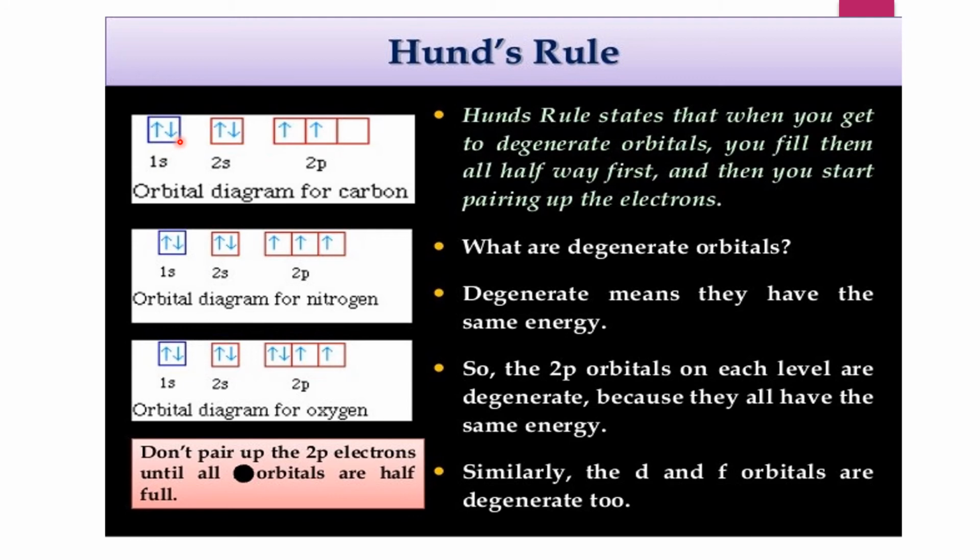So those 2 electrons enter the 1s orbital. Then electrons move into the second orbit, which has s and p. 2s is lower in energy, so electrons enter the 2s orbital.